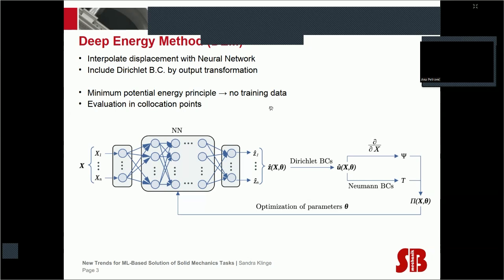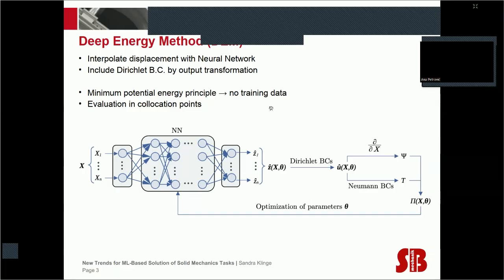The main part is a neural network. It can be a fully connected neural network. The input of this neural network are coordinates of so-called collocation points, and the output are suggestions for the displacement of these collocation points.